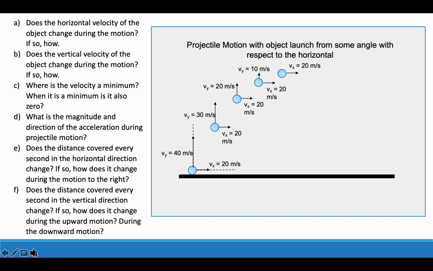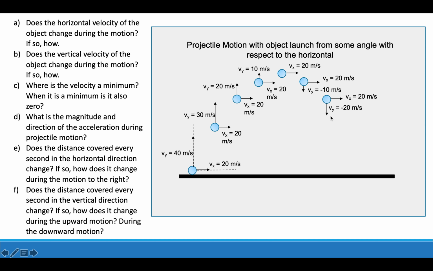As it falls back down, you can just reverse the direction of the vertical velocity, and the picture looks the same. After another second goes by from the top, the velocity in the vertical direction is starting to increase in the negative direction. So it was 0, and now it's 10. Horizontal velocity is still the same.